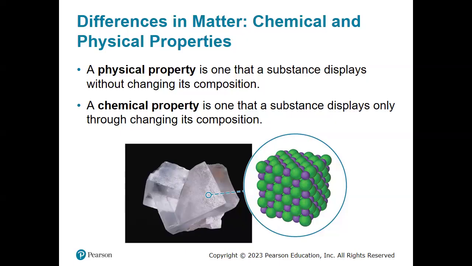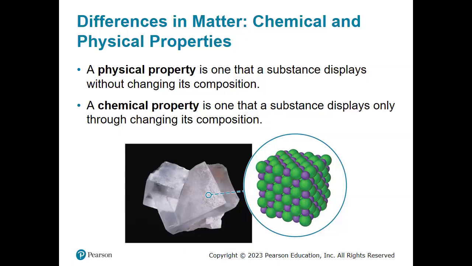So let's take, for example, this block of salt. What are some things that I can observe about this particular sample of rock salt? Well, I can observe that it is a solid. I can observe that color-wise, it kind of has no color. Maybe we could call it white, maybe we could call it colorless.